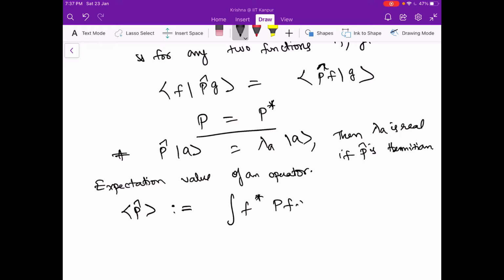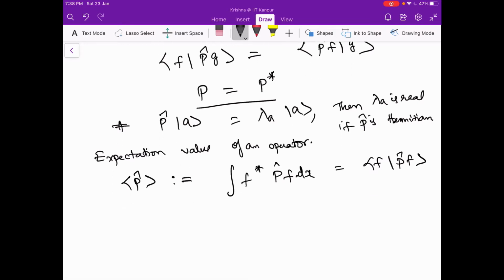Yes, so the integral dx, or it is an inner product of f and Pf. And this number, because P is Hermitian, is always real. This can also be trivially proved.